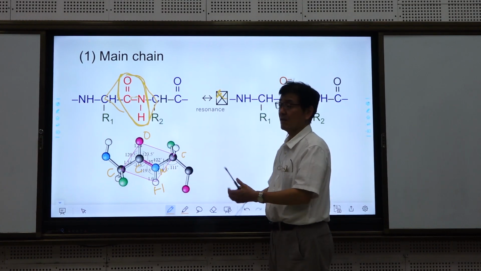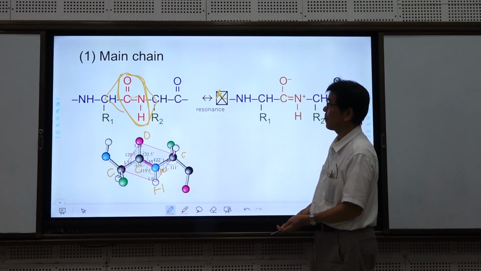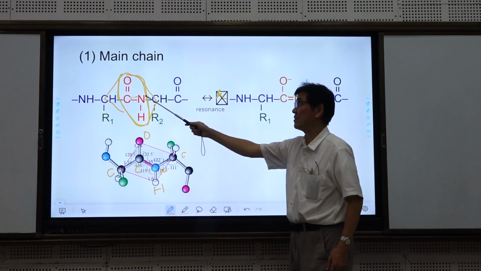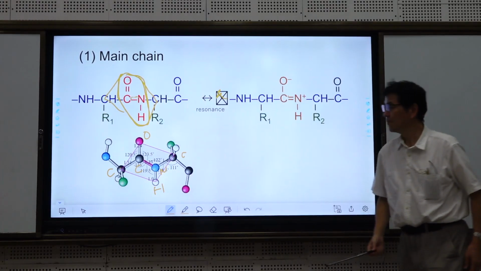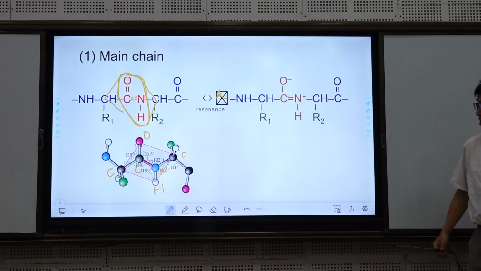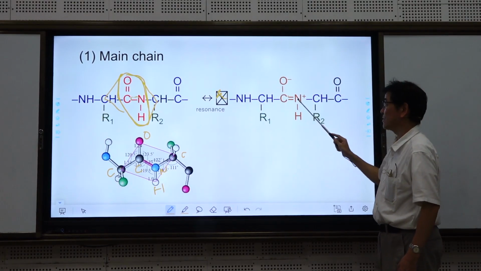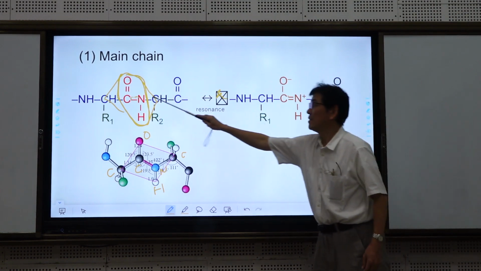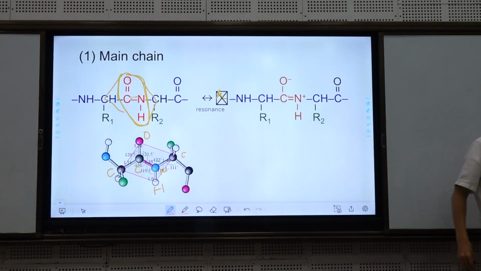It forms a planar structure. This is one of the typical characters of the peptide main chain, in particular the peptide bond. This planar structure is due to the resonance structure, where the CN single bond becomes a double bond to some extent.